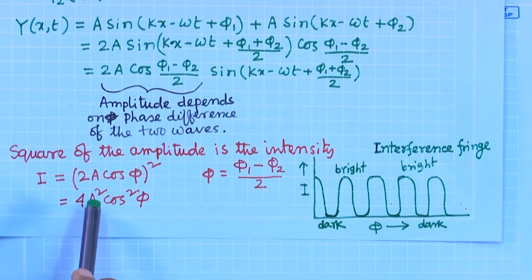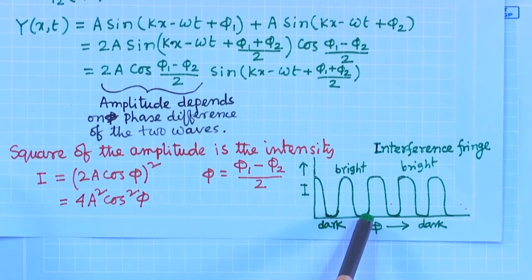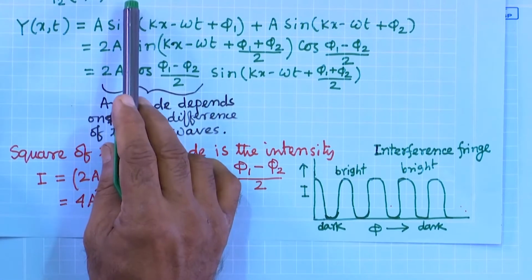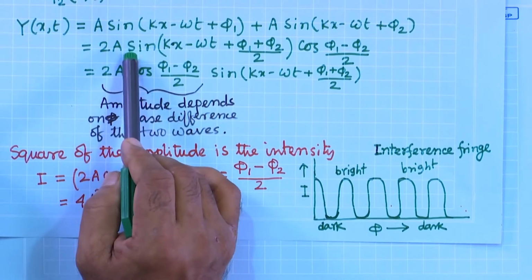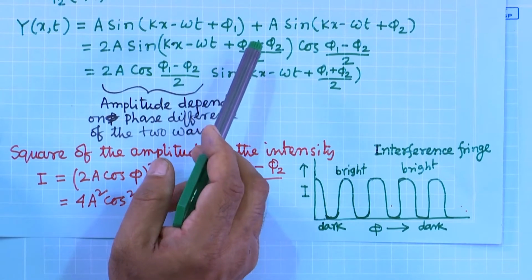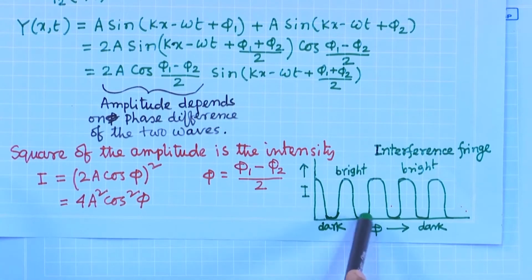So, if the amplitudes are equal, the contrast will be better; otherwise the contrast will be poor if the difference of A1 and A2 is large. If the difference is large, the minimum will not be zero.